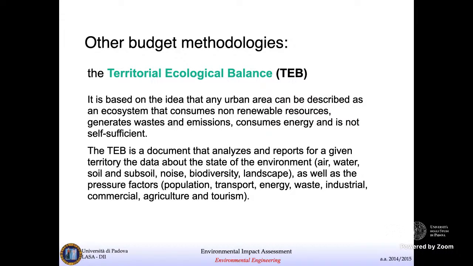The territorial ecological balance is a document that analyzes and reports for a given territory, so a given portion of land, the data about the state of environment in terms of air, water, soil, subsoil knowledge, biodiversity, landscape, and so on, as well as the pressure factors: population, transport, energy, waste, industrial, commercial, or agriculture and tourism.